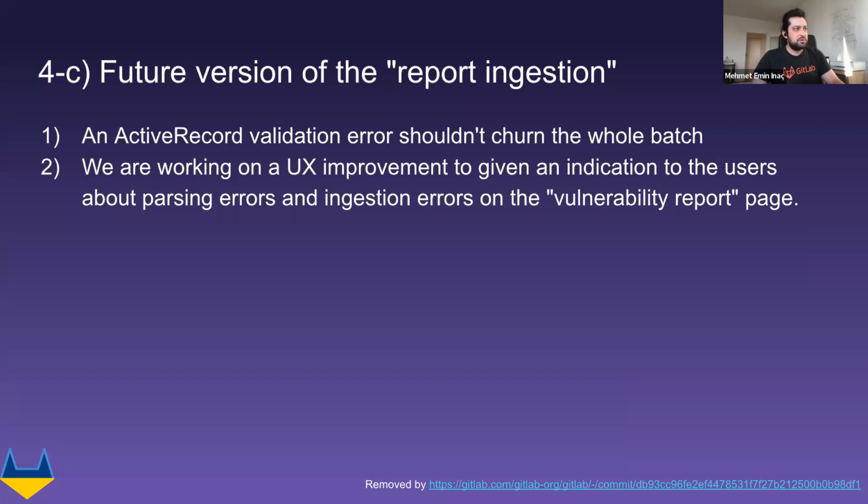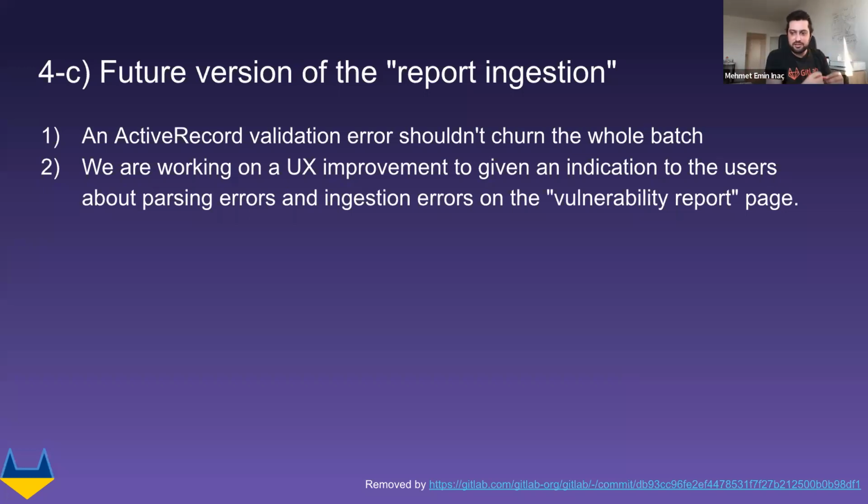As for the future versions of the report ingestion, as I mentioned, an ActiveRecord validation error churns the whole batch. I think discarding that single record might be a better alternative, so we will try to achieve that. We are also working on UX improvements to give users an indication that there was an error while ingesting the report in the vulnerability report page.